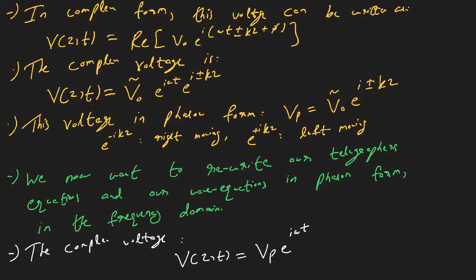All the time dependence is captured over here, and this is just the phasor voltage Vp. So now if we write our Telegrapher's equations, remember this is for a lossless transmission line.